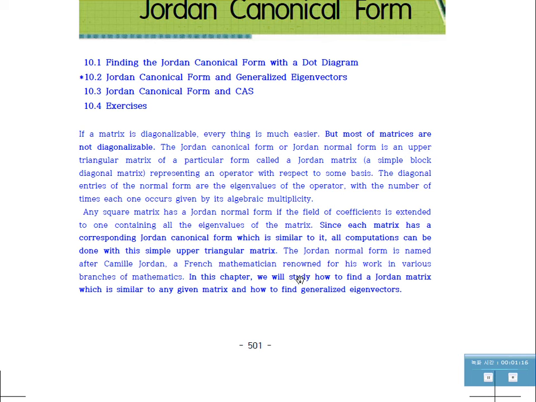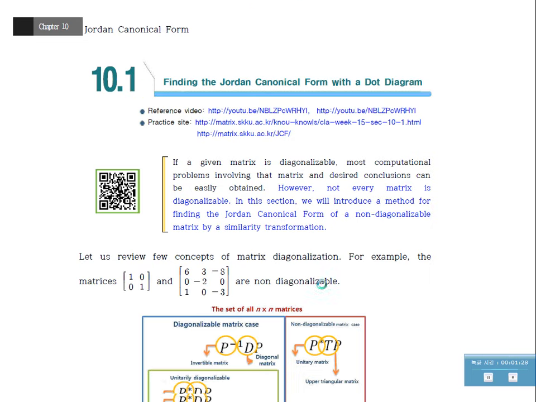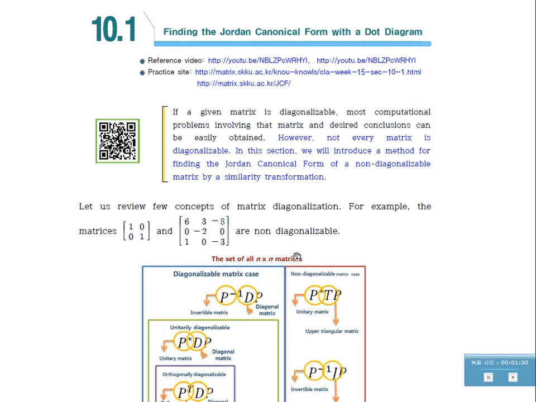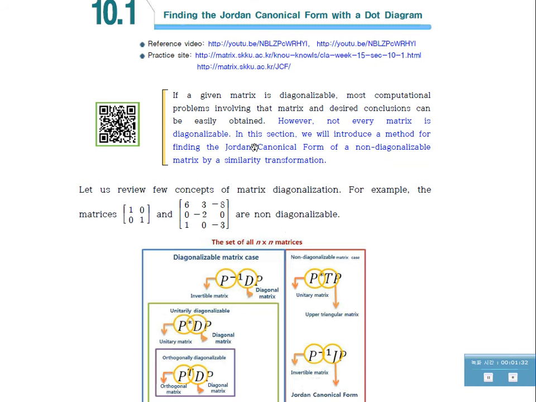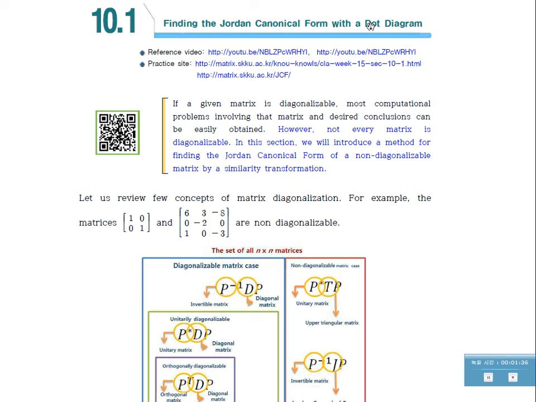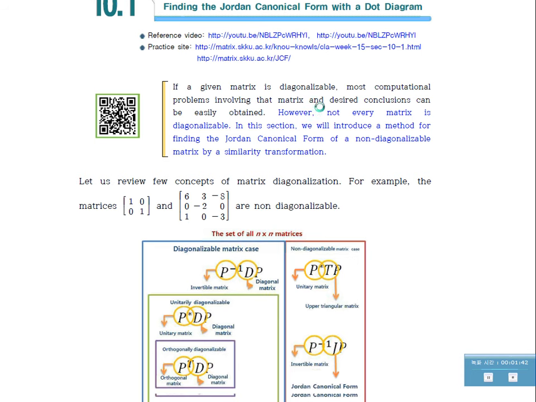In this chapter, we will study how to find the Jordan matrix which is similar to any given matrix and how to find generalized eigenvectors. In section 10.1, we will introduce a dot diagram to find the Jordan canonical form of a given matrix.